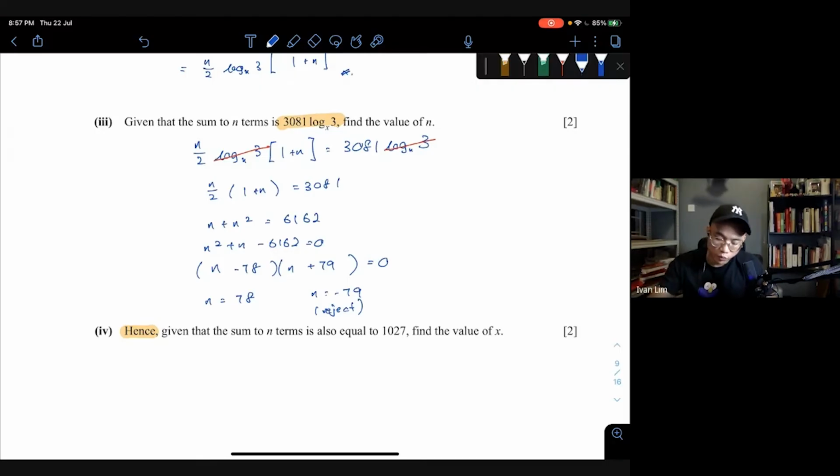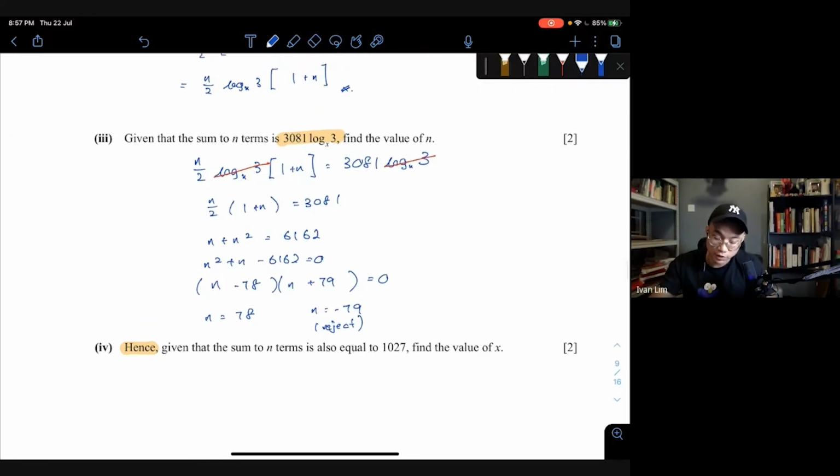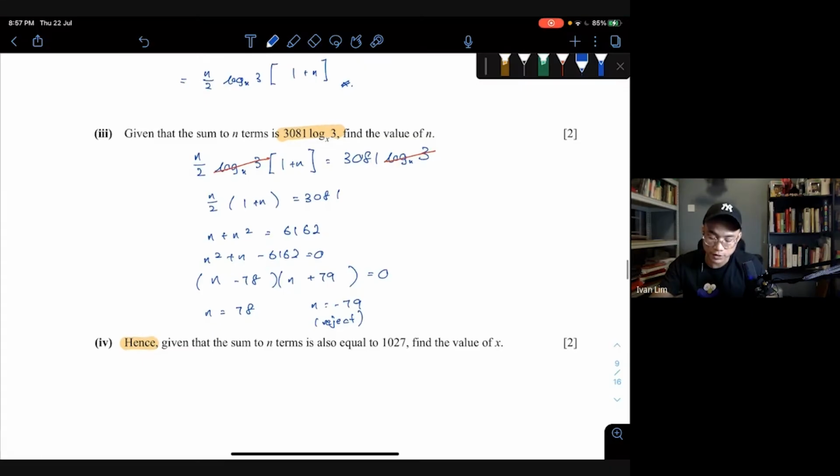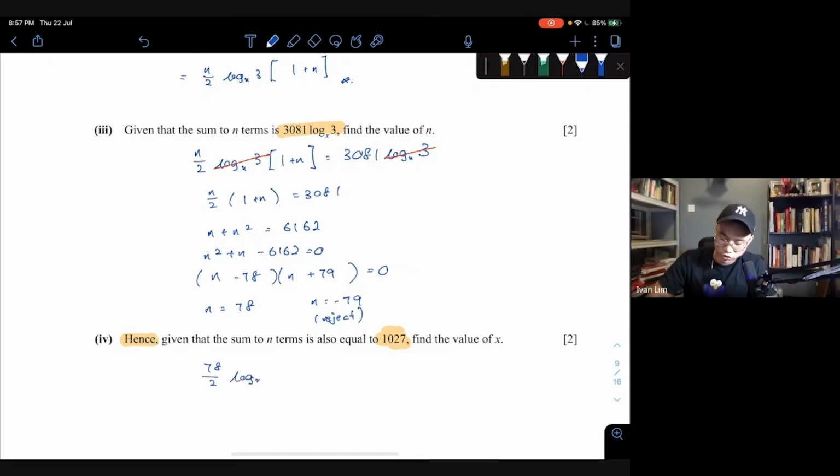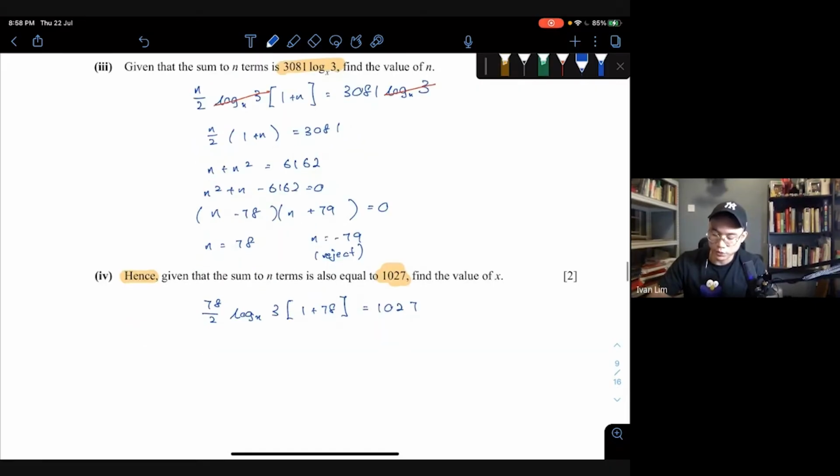Okay, so now using the n over 2 log x3 (1 plus n), but we have that n equals 78. We equate it to 1027 now. Okay, so 78 over 2 log x3 (1 plus 78) equals 1027. This is what we want to solve now.